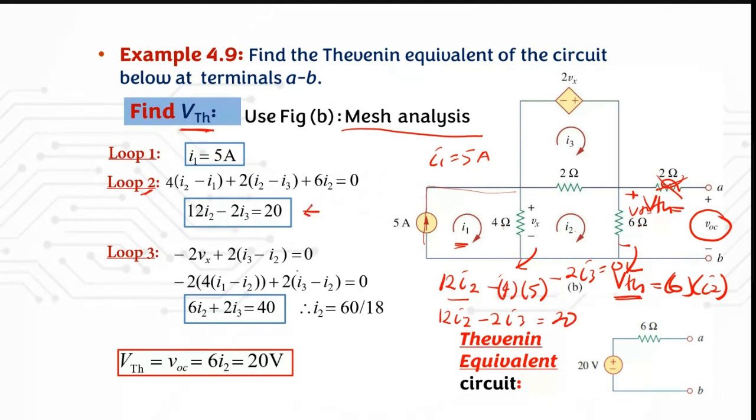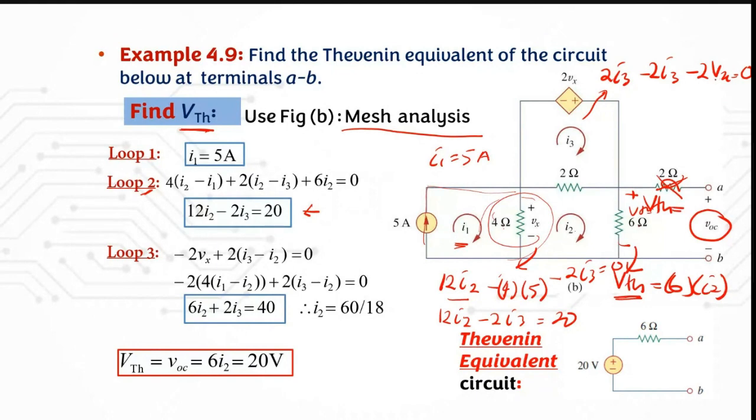And then obviously from this mesh I3, you will have 2I3 minus 2I2 minus 2Vx equal to 0. Then you know that your Vx here is actually equal to 20.